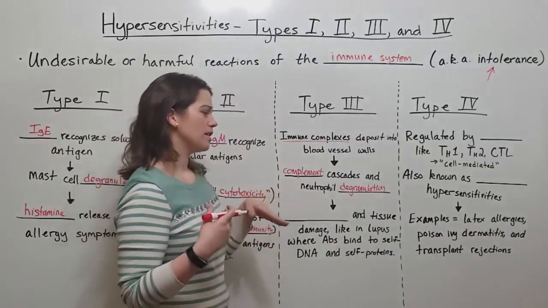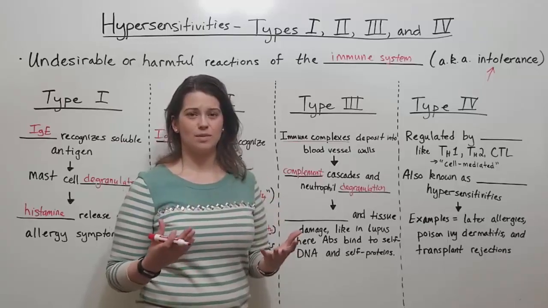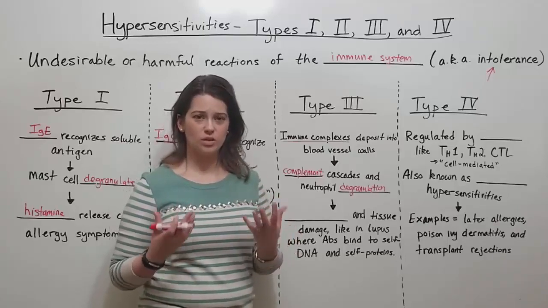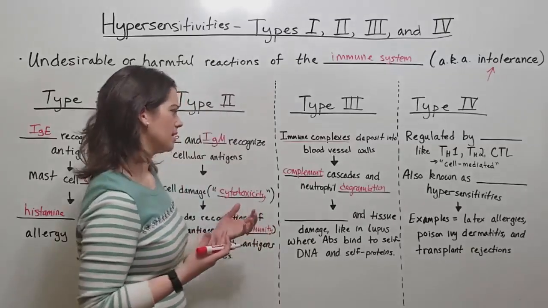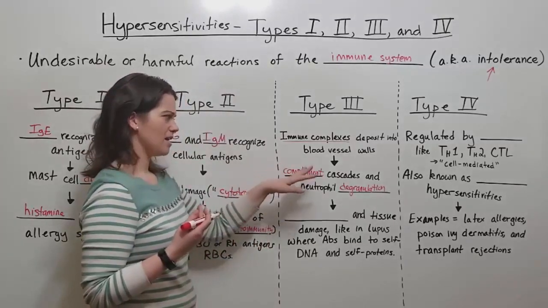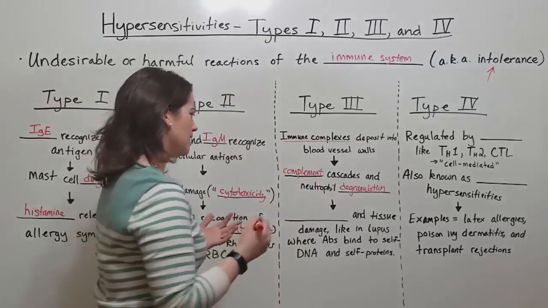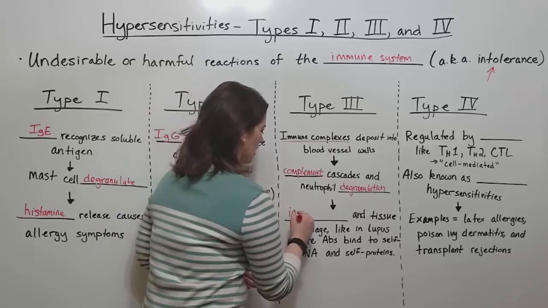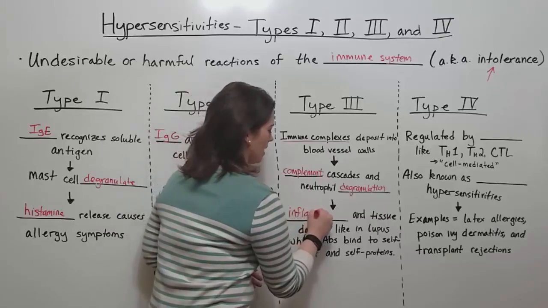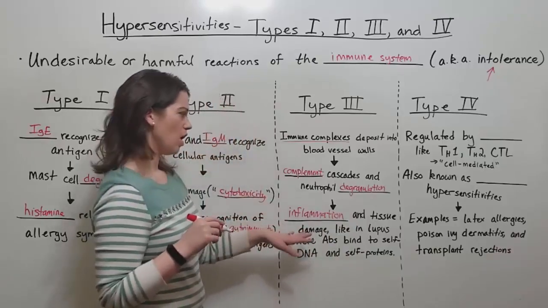And for neutrophils, this means a lot of cytotoxic enzymes, a lot of enzymes that are meant to degrade and break down things. And so when complement starts to have its cascade and neutrophils degranulate, there's all of this damage that's being done, and this results in widespread inflammation in the body. So lots of inflammation, lots of tissue damage.